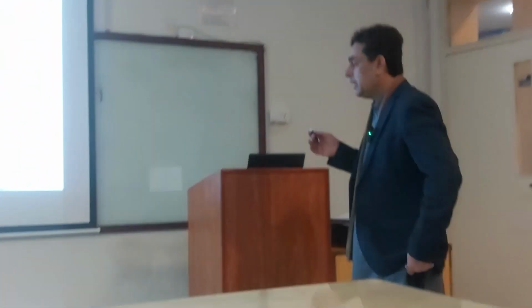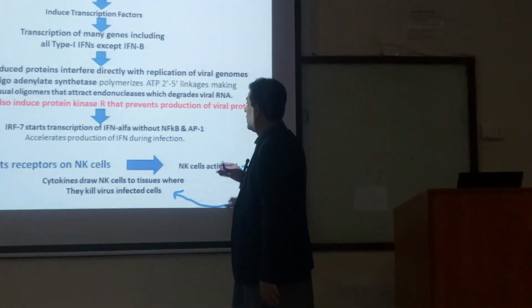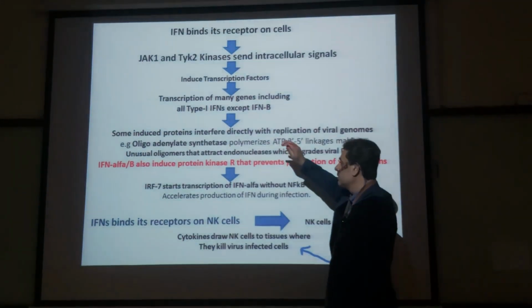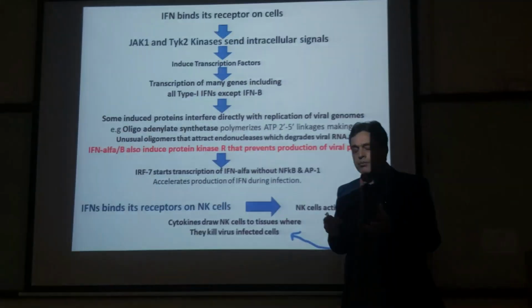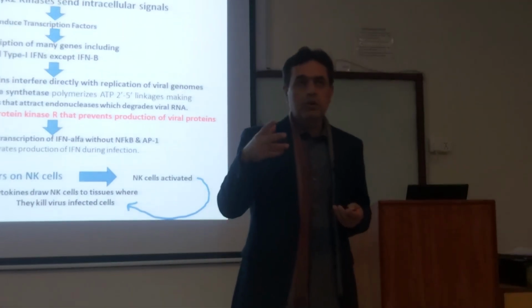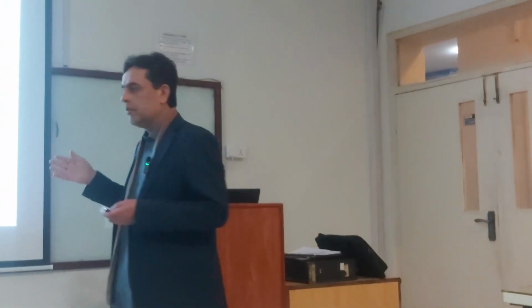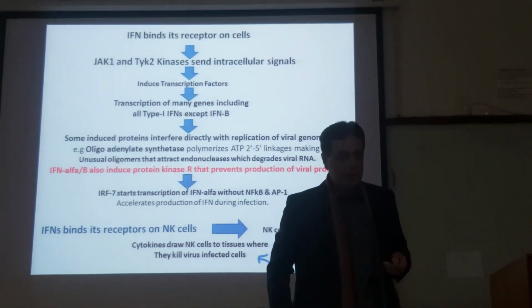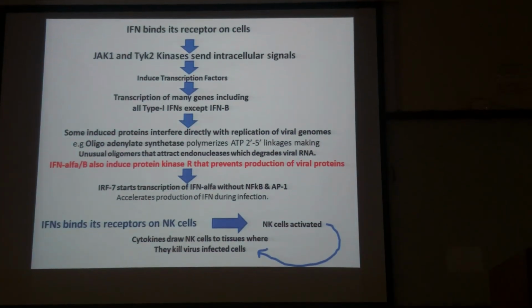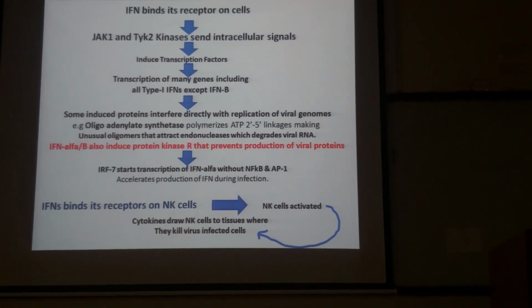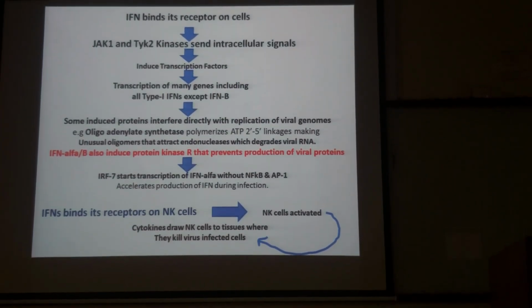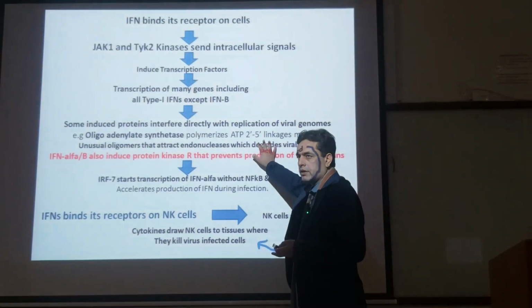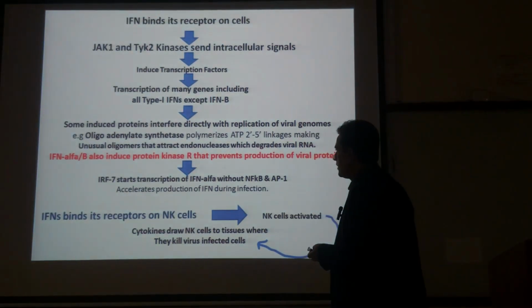So anything that is wrong inside the cell is dealt with by different means, including the use of different endonucleases in order to cut these molecules that are wrongly synthesized, or that are faulty in nature. So what will happen? The different restriction endonuclease enzymes which are present there would be activated in that case, and they would just cut through these viral nucleic acids inside the cell so that the virus doesn't propagate.